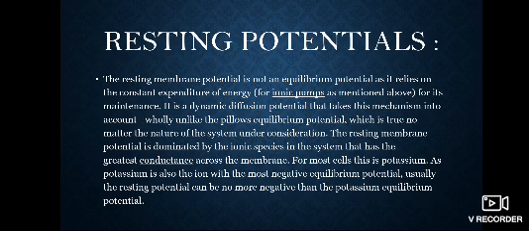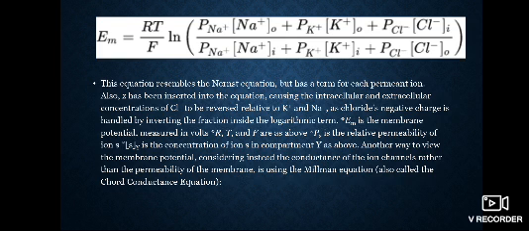Under consideration, the resting membrane's potential is dominated by the ionic species in the system that has the greatest conductance across the membrane. For most cells this is potassium, as potassium is also the ion with the most negative equilibrium potential. Usually, the resting potential can be no more negative than the potassium equilibrium potential. This equation resembles the Nernst equation, but has a term for each permeant ion.